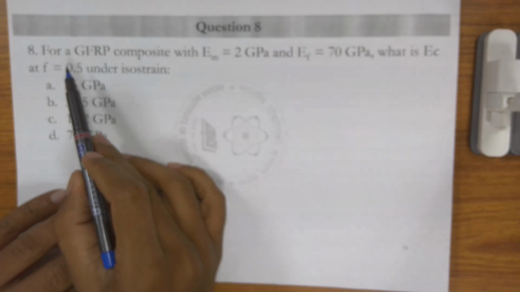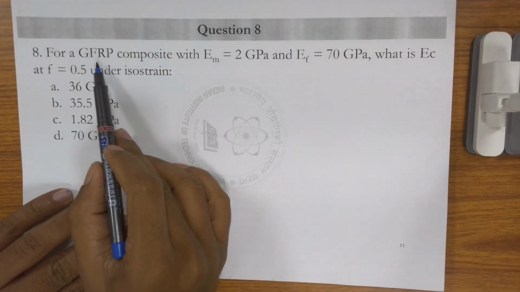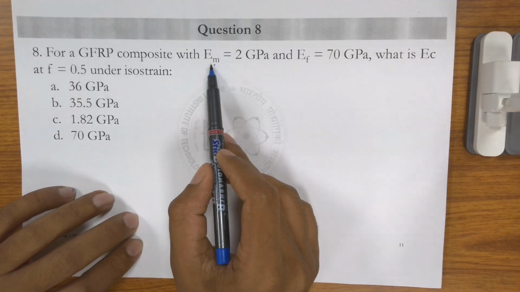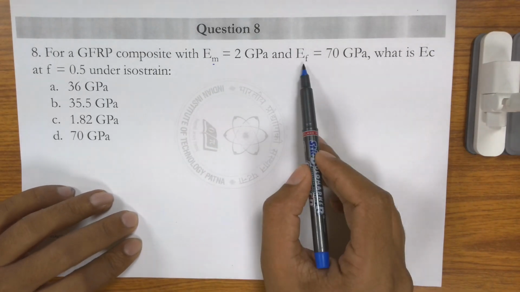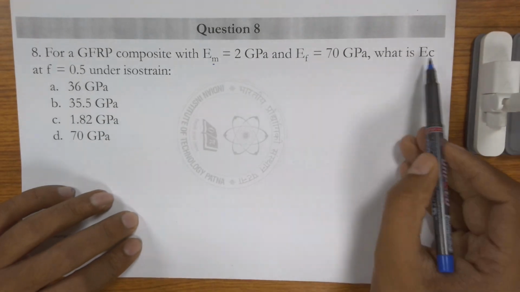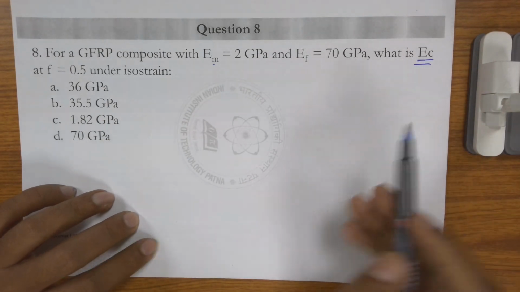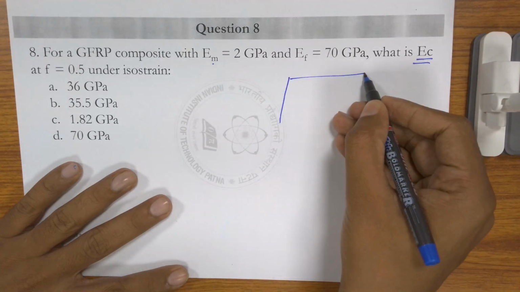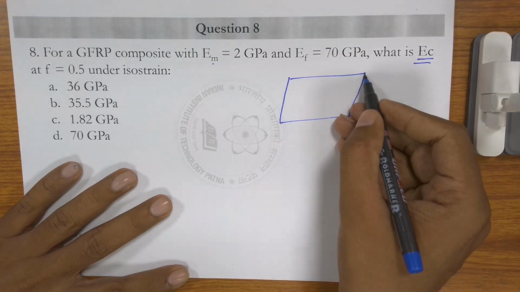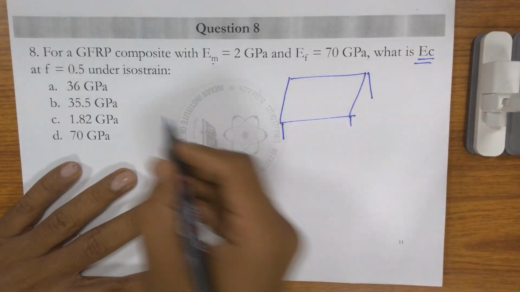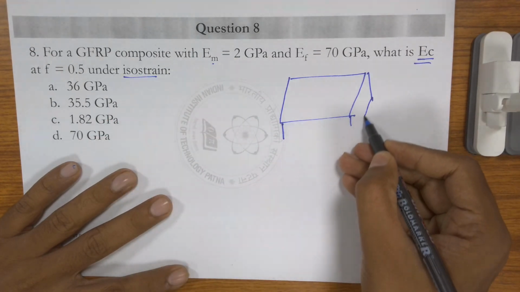Now, for a glass fiber reinforced polymer composite, the matrix modulus is given to be 2 GPa, and the fiber modulus is given to be 70 GPa. What is the modulus of the composite? So what has happened over here? We had a composite. Again, we are talking about the isostrain.